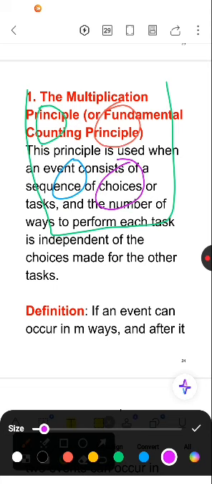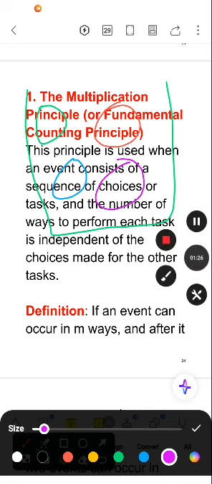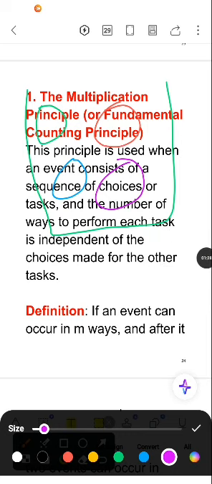Having these balls means that you can make some selection, and how many different ways this can be selected is by taking one at a time.